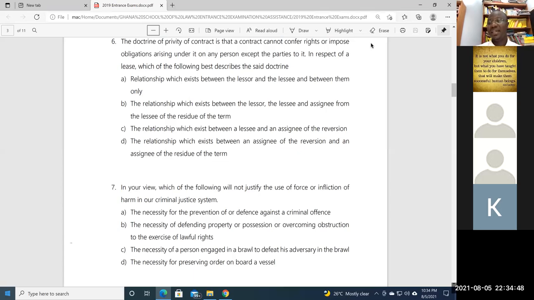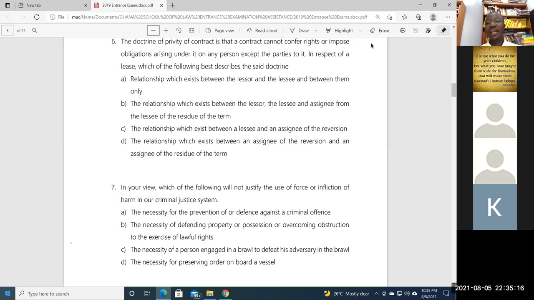And technically, the assignee is, if you like, a stranger to that, unless the assignment has taken place with the consent and all that. And he's talking about the assignee of the residue of the term. That is the unexpired term of what the lessee has under the lease.